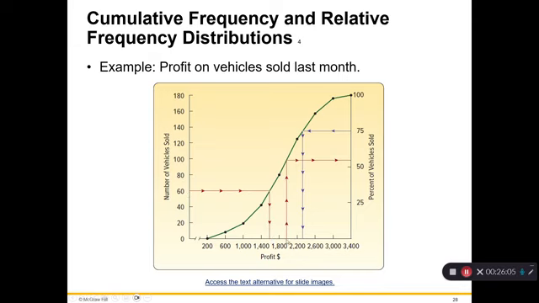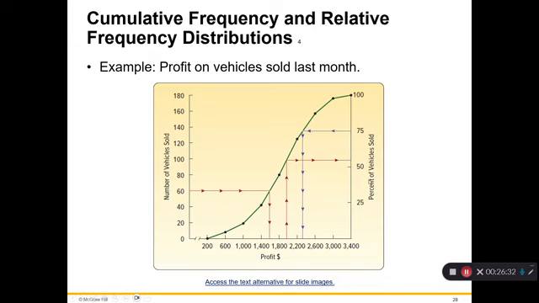Now we can say, for this number here, say 1900 something, what is the percent of vehicles sold for this profit? We can draw this line here and this line here, and it intersects here. So this is, let's say, 55 or 56, a number close to that.